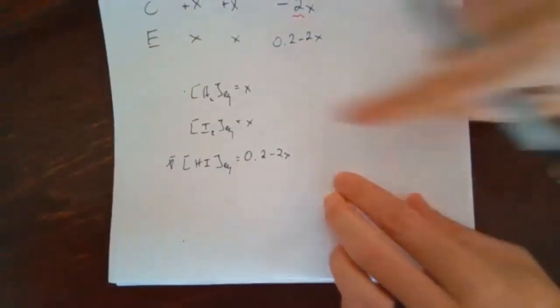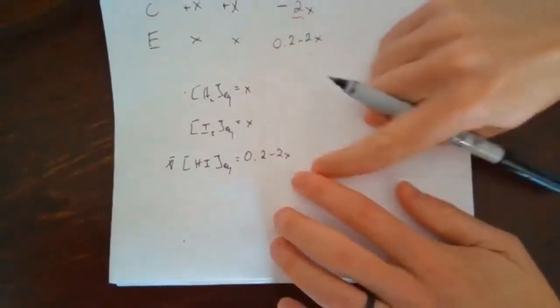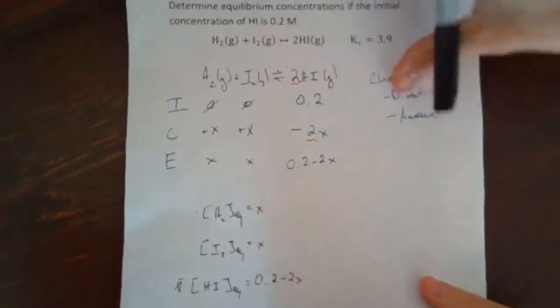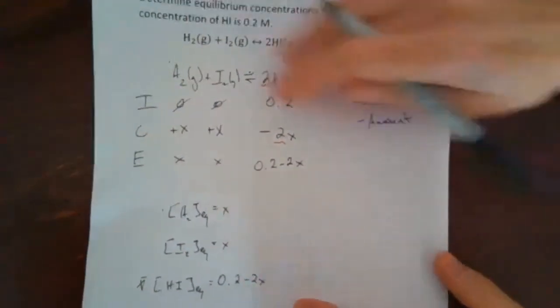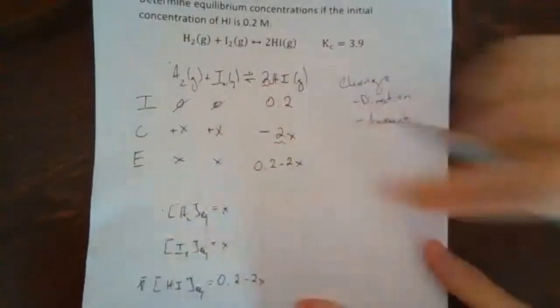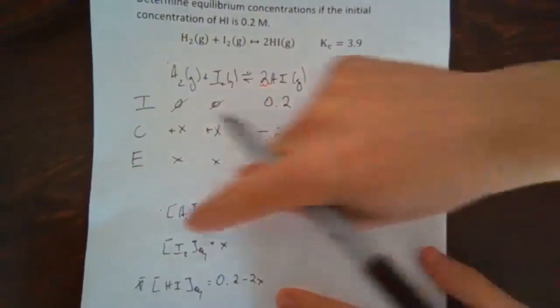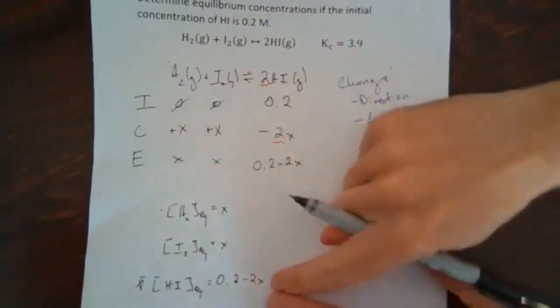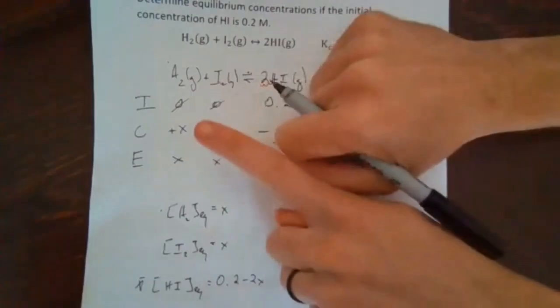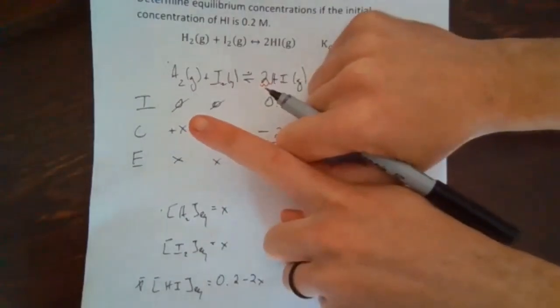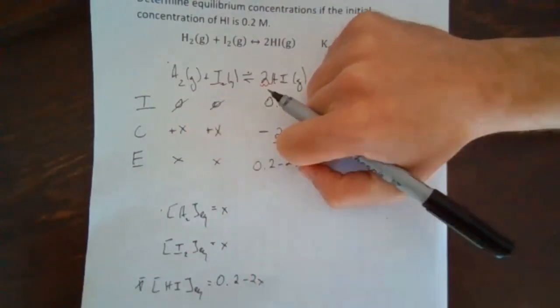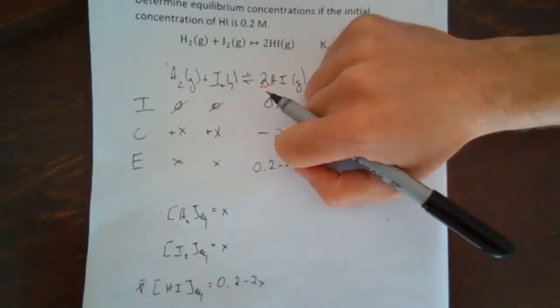So if we knew the value for x, we could just plug it in and we get all of those equilibrium concentrations. And so the purpose of an ICE table is to set up these relationships, these equilibrium concentrations relative to x. They're all related to one variable. So if I know the value of that variable, I would be good to go.